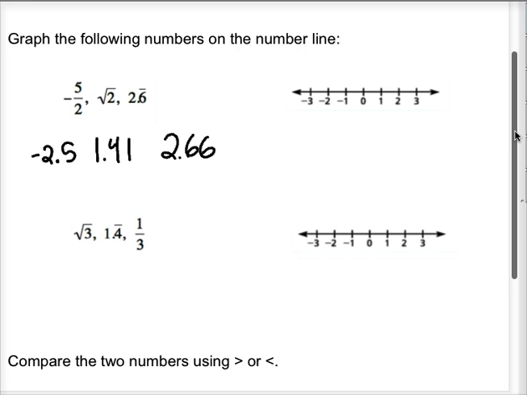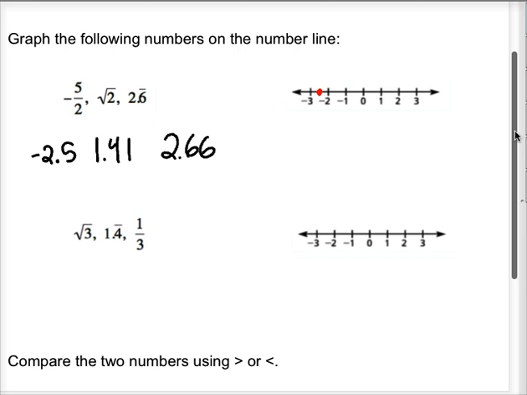All right, so now let's start putting these on. Negative 2.5 is in between negative 2 and negative 3. Remember, when you're dealing with the opposites, you're working leftward. So with negatives, the more negative you are, the more left you are.